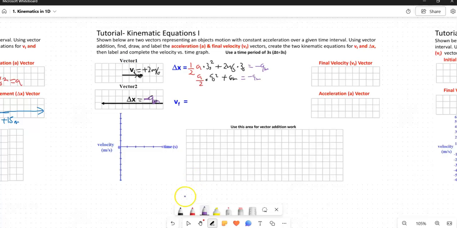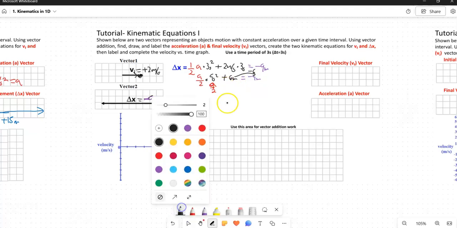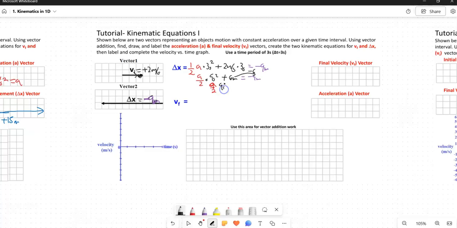Okay, so a divided by 2, that's the acceleration vector. We're going to take this and subtract it onto the other side. So we're going to get -6. We're going to bring that over there. And then we have 9 seconds squared. So this is going to be equal to, that's going to be 15.